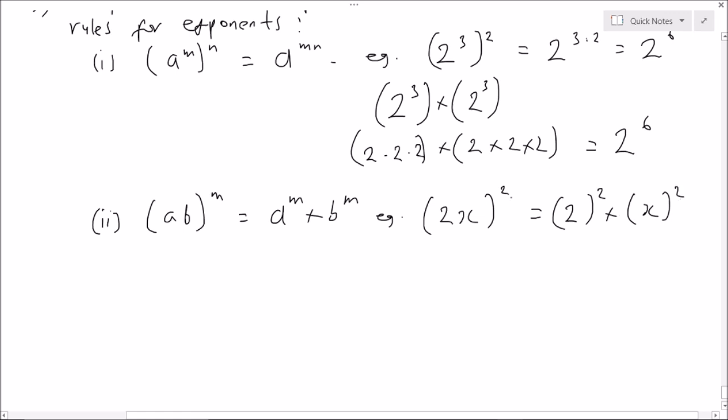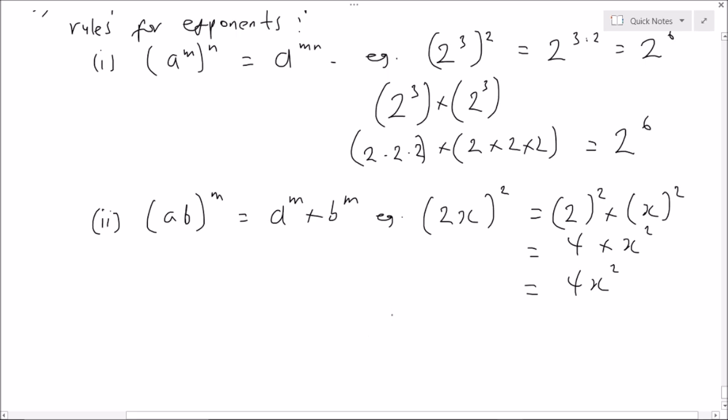Now you see that the exponent 2 here affects the 2 separately and also affects the s separately. So simplifying this one will give us 2 raised to the power 2, which is 4. So you have 4 times s raised to the power 2, that's s squared. Simplifying gives us 4s squared.